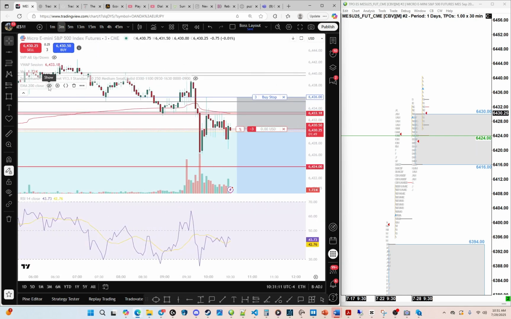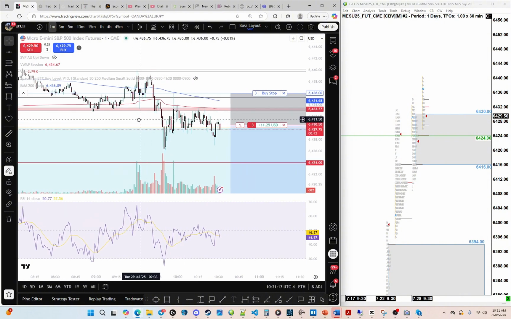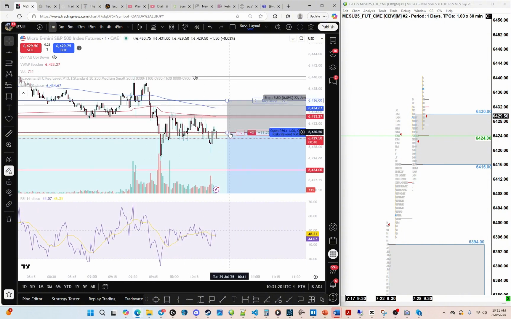And then, oh, we're below that 200 EMA. Can't go against that. I think this is a great stop, a great protected stop area for me if I'm wrong.